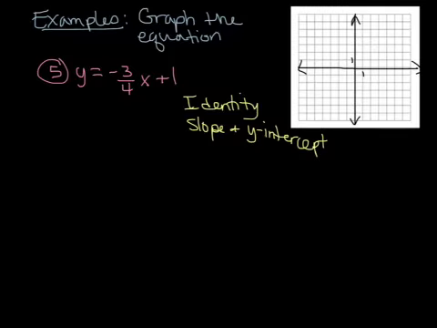Drawing a table is a good thing for when you're first learning how to do these, like the XY table. However, once you get good at them, it's a good idea to try to find a faster way to do it. And the faster way to do it is to start with the slope and the y-intercept. So in this case, our slope is negative 3 over 4, and our y-intercept is 1.